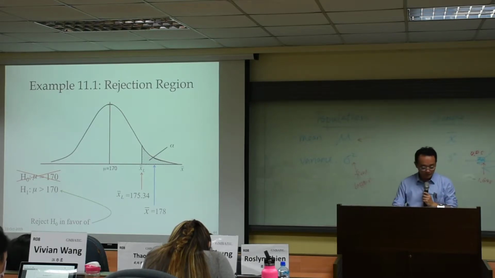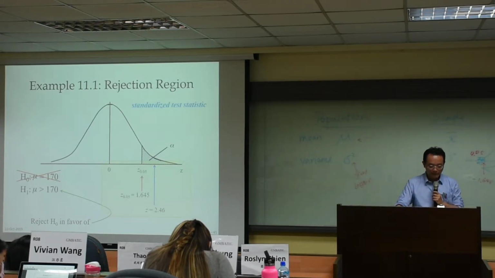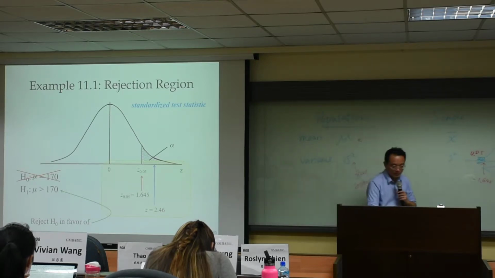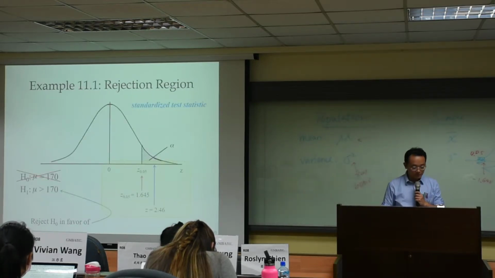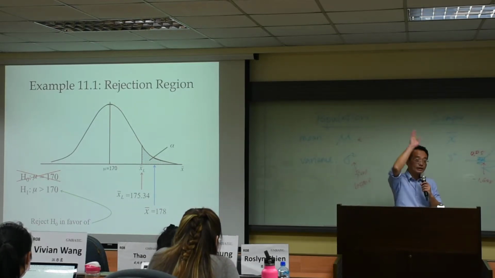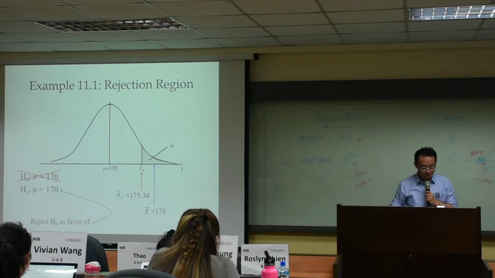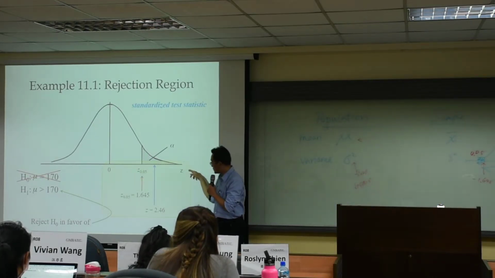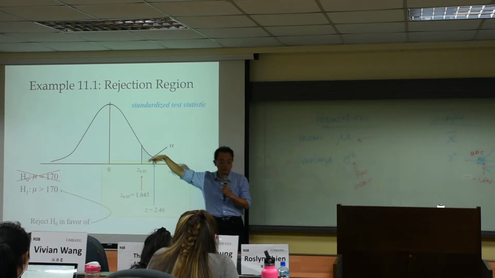We can further modify this into a standardized test statistic. Remember the normal distribution and standard normal distribution? We can standardize it so that these plots become standard normal distribution with mean 0, and we use Z to denote the whole structure.